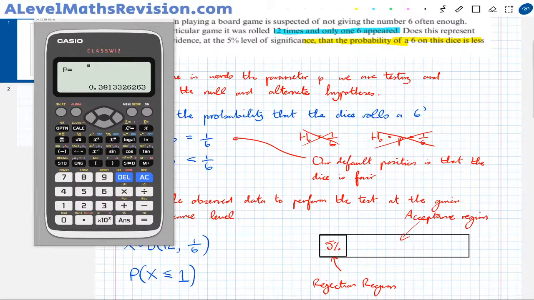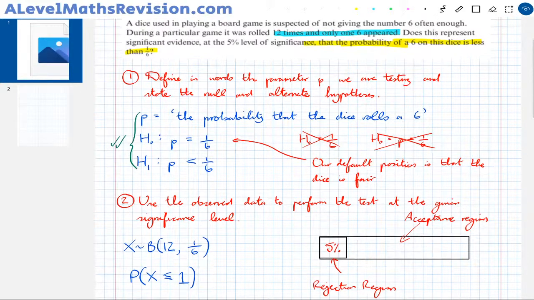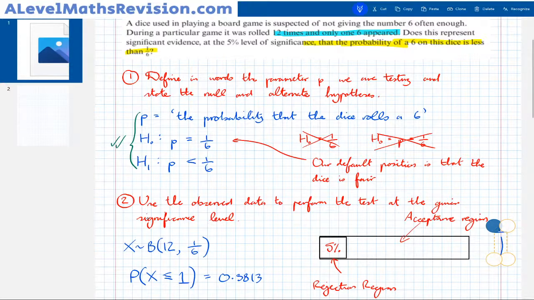And the probability that x is less than or equal to 1 is 0.3813. So basically, our observation, 1, there's 38% of probability that's to the left of it. Less than or equal to 1, 38% of probability to the left of it.